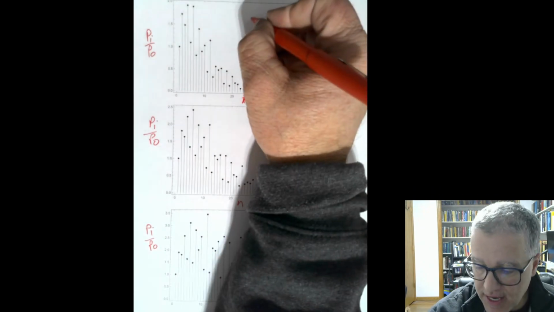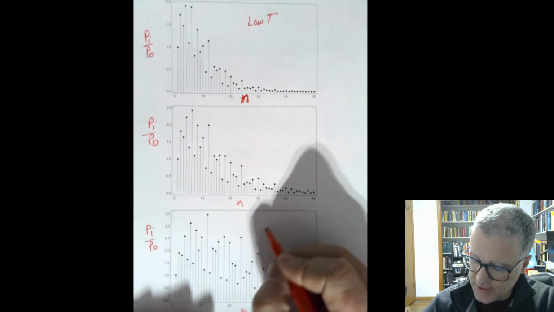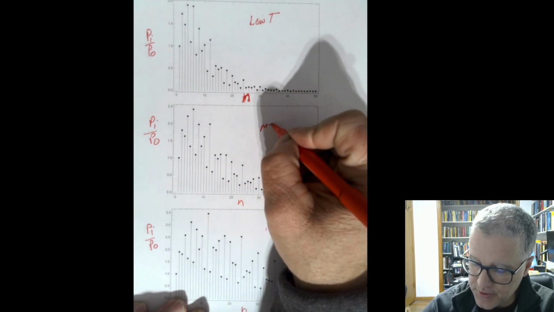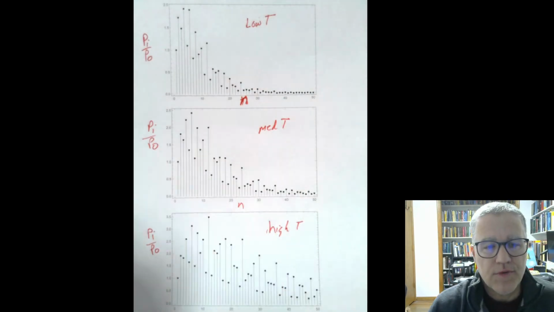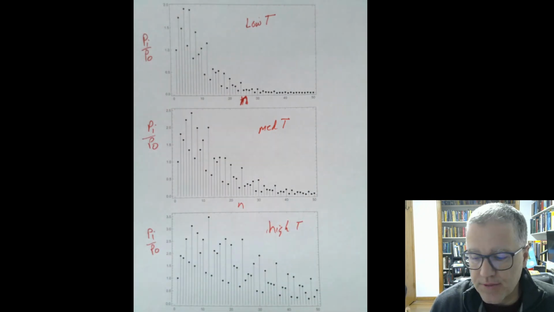Now this is going to be at low temperature, this is going to be high temperature, and this is going to be medium temperature. And so at low temperature, we don't have enough energy to populate those high energy quantum states.